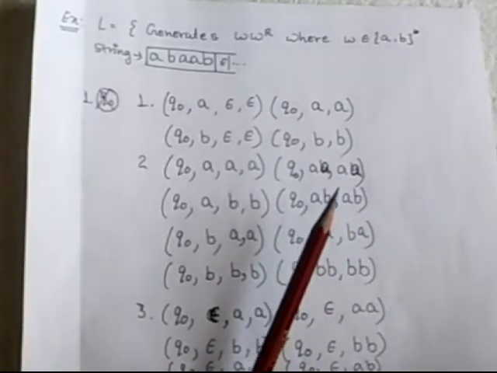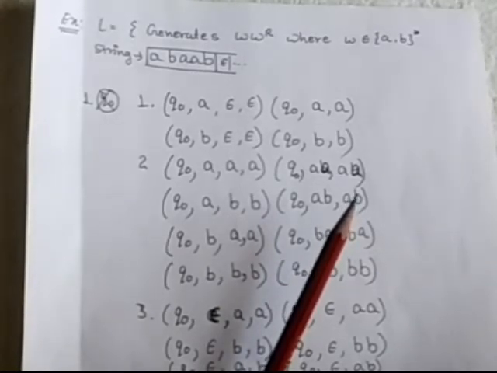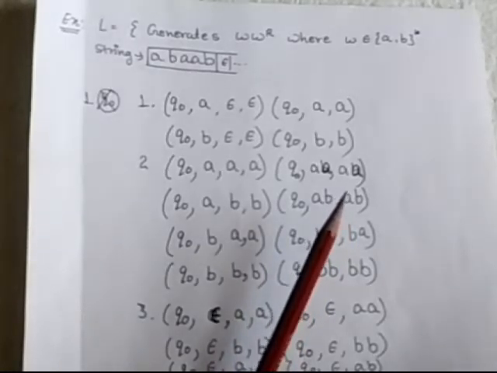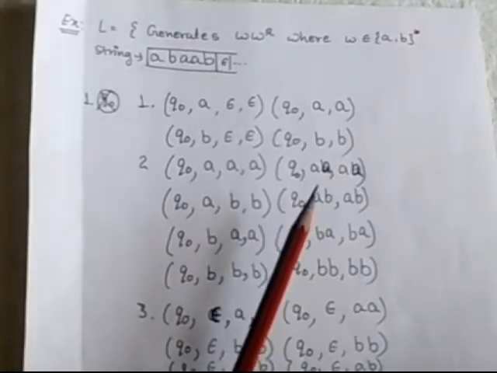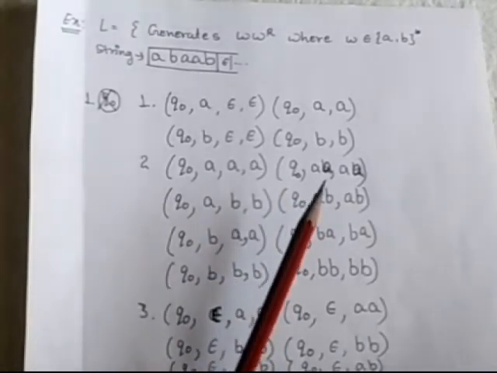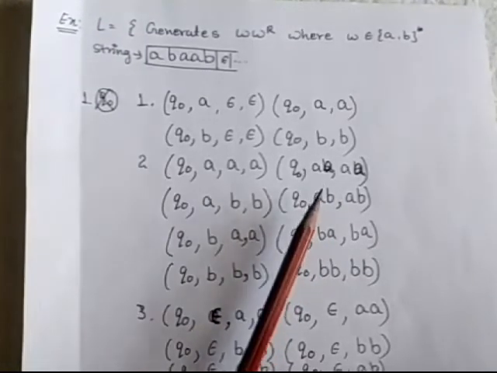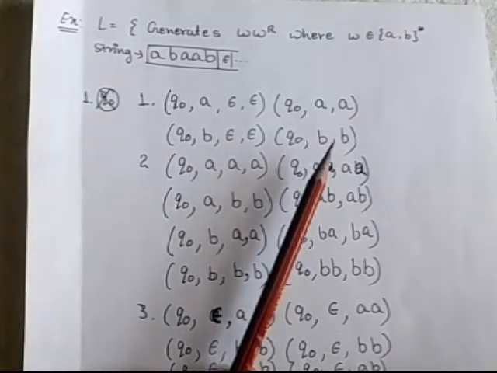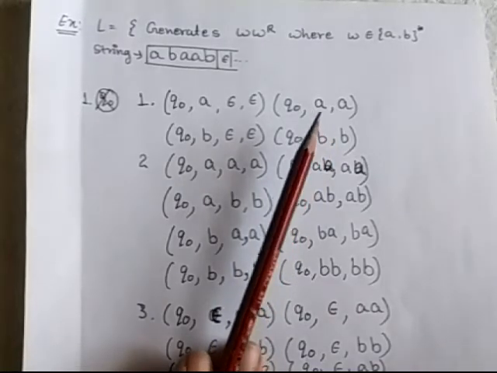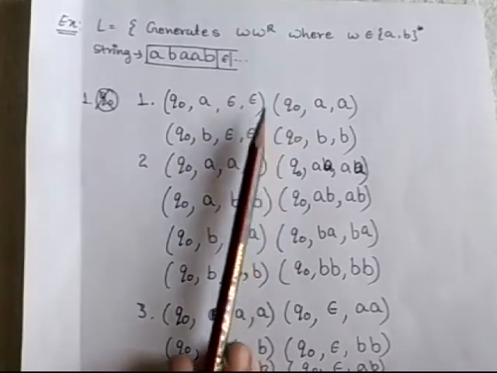So when we pop the symbols of a stack, the string is popped in reverse order. When we pop stack 1, the symbols will be popped in reverse order and we are pushing these symbols onto stack 2. Then obviously stack 2 will contain W and above this we will have WR, the reversal of the string W. Where is it coming from? We are getting that from stack 1.